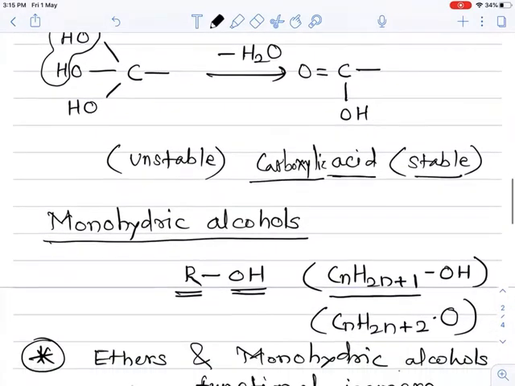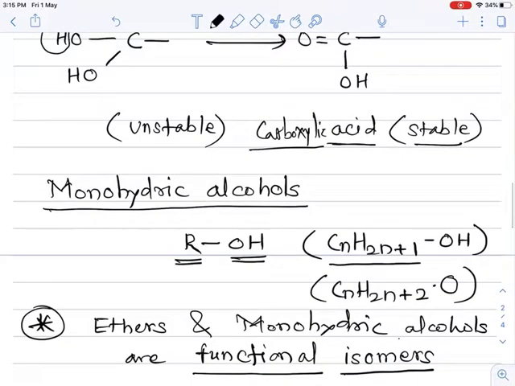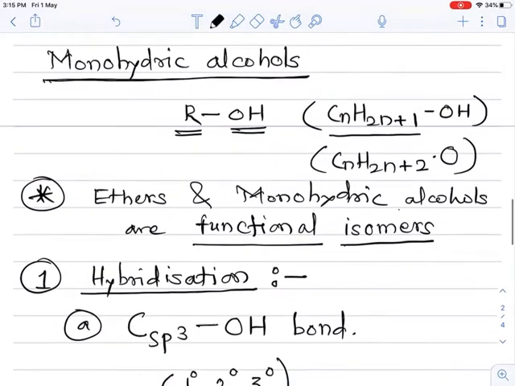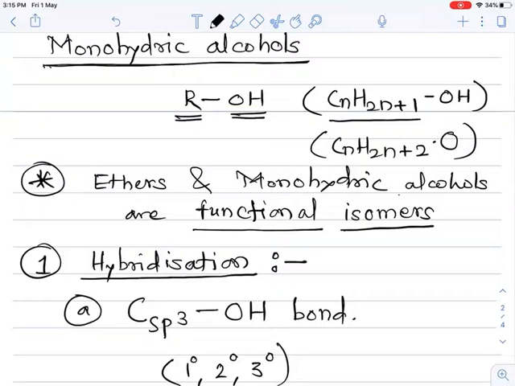Now next part from this classification: monohydric alcohols are classified into different types based on the hybridization. So if we see the monohydric alcohols, the general formula is ROH. Again we can write this general formula in the form CnH2n+1OH, or we can write it as CnH2n+2O.